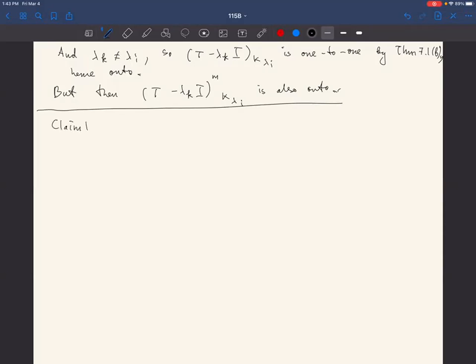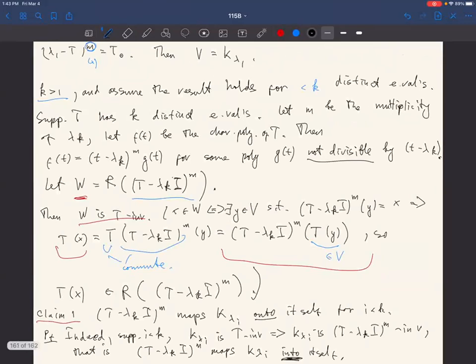And we have that claim 1 implies that for i less than k, K_λi is contained in W. So again, let's look at it for a second. This maps K_λi onto itself. But remember, W is the range of this linear operator.